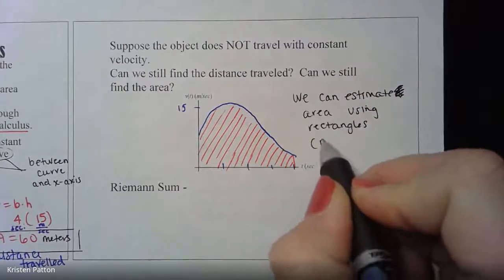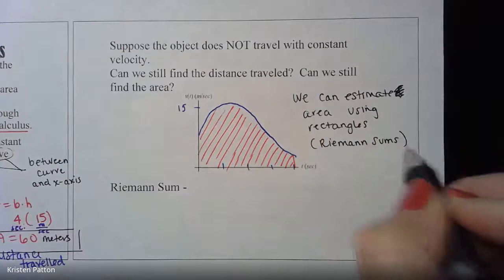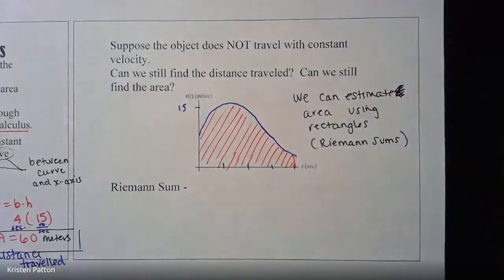And I'm going to put in parentheses, because now we're going to start to use some more mature vocabulary, a Riemann sum.